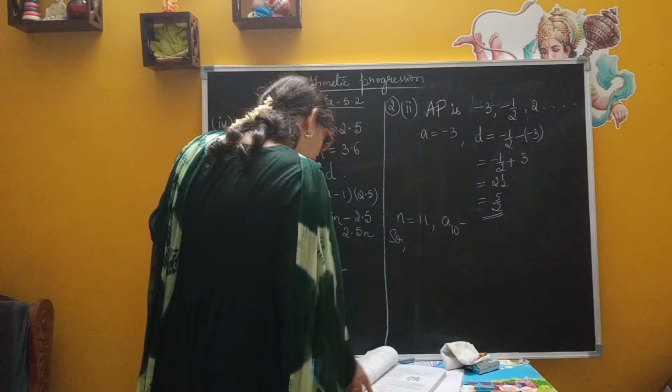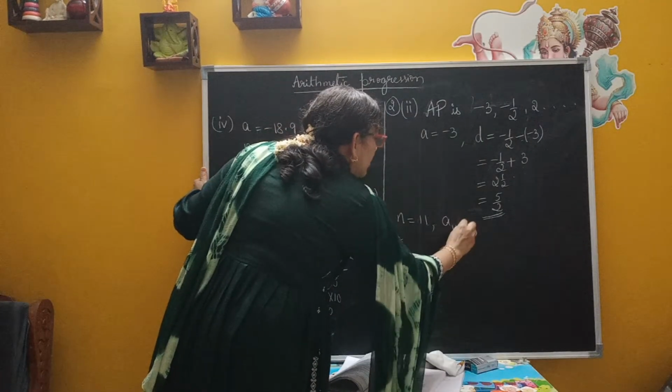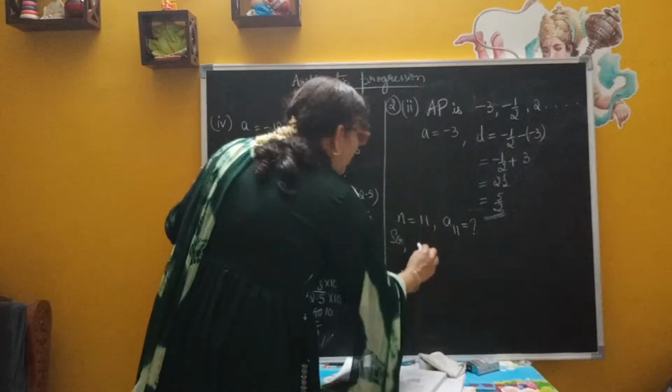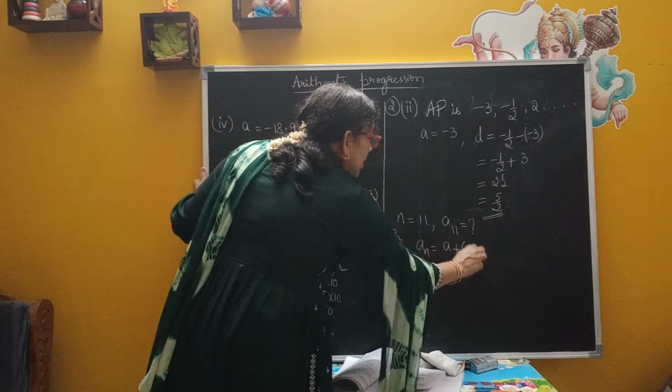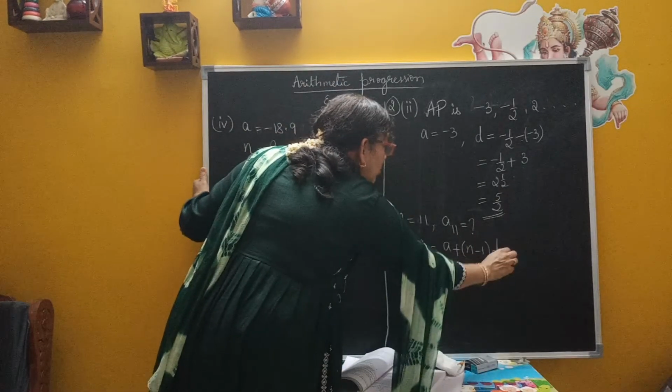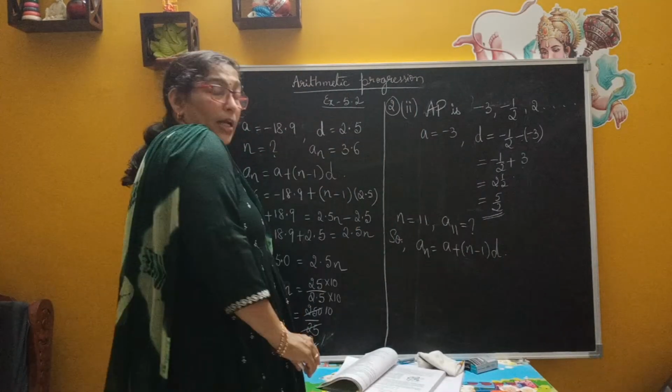We need to find a11. The formula is an is equal to a plus n minus 1 into d. Since it is the 11th term, we get a plus 10d.